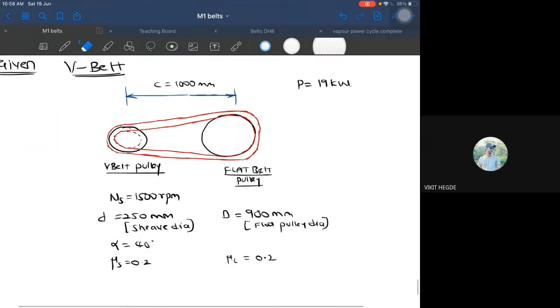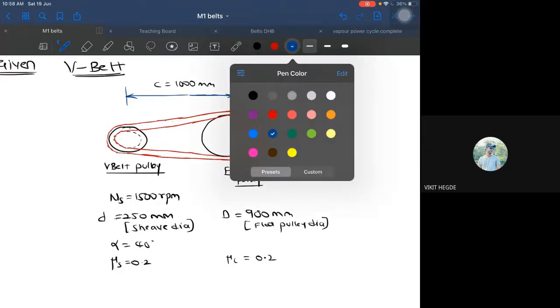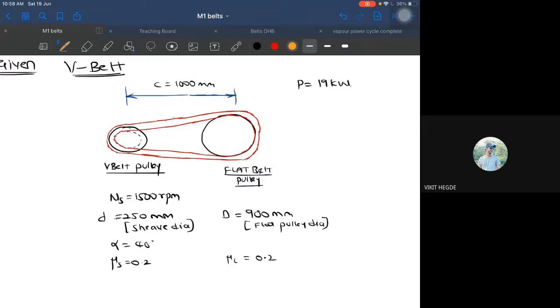Okay, so how do I specify it? Better I will make something like this. I'll not make it more complicated. Let it be like that itself. Okay, the cross section is something like this, a trapezoid.